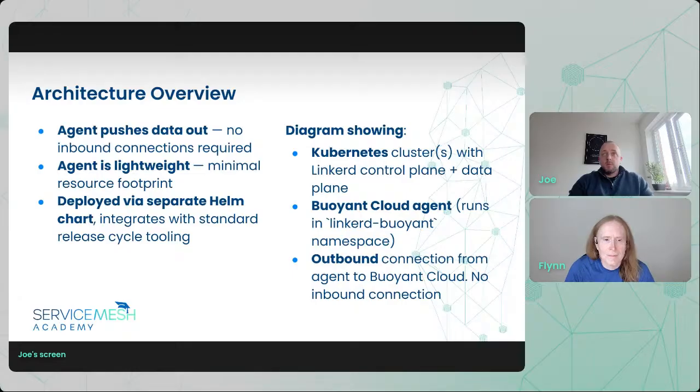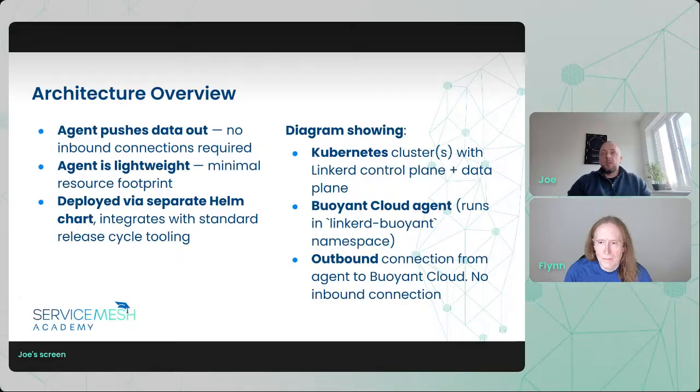The agent's lightweight, with a minimal resource footprint, so we're not going to be expecting teams to stand up node pools or even dedicated nodes for these services, these pods. Generally, they just get scheduled on the user nodes that teams are already using for their apps. It can be deployed via a separate Helm chart, but it's fully using that typical Helm deployment process that most of our customers use.